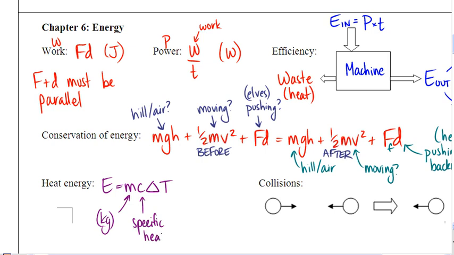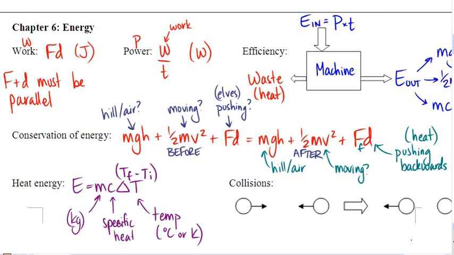I won't even worry about the units in there. Don't sweat that. And then delta T was your change in temperature, and that can be in degrees Celsius or Kelvin. Doesn't matter. And remember, delta T is TF minus TI. Change in anything, final minus initial.